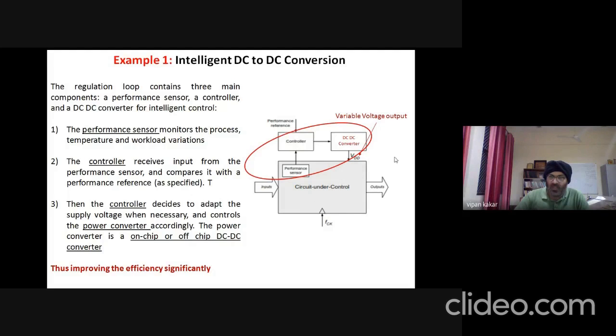How this DC to DC converter actually scales up or scales down the voltages, we'll see when we do the technical details of different types of converters. So these types of circuits are actually used in different applications, like smartphones, laptops, televisions, LED TVs, and all different types of applications.